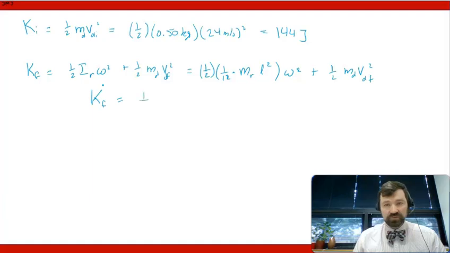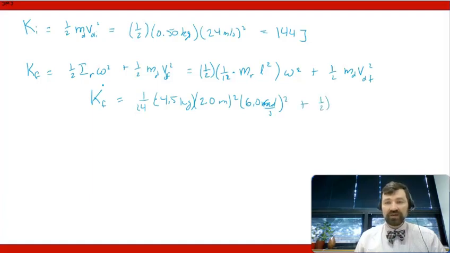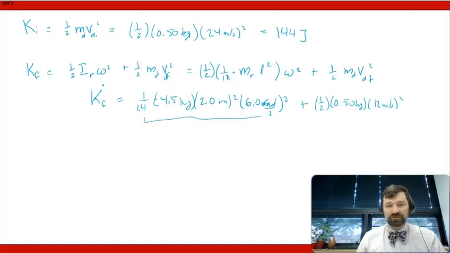So this is 1/24 of 4.5 kilograms times 2.0 meters squared times 6.0 radians per second squared, to which we're adding 1/2 of 0.50 kilograms times 12 meters per second quantity squared.